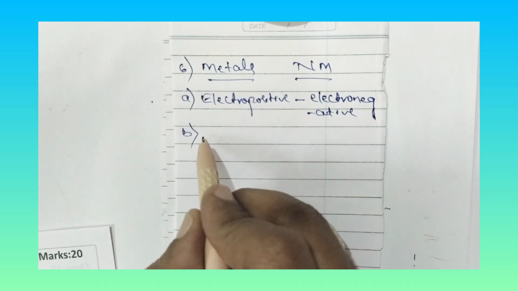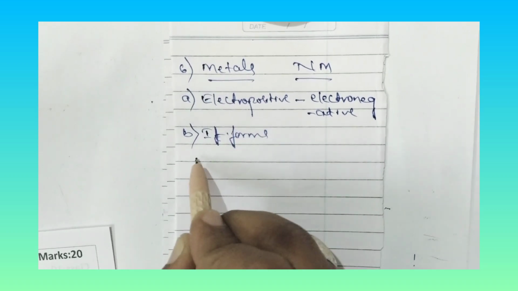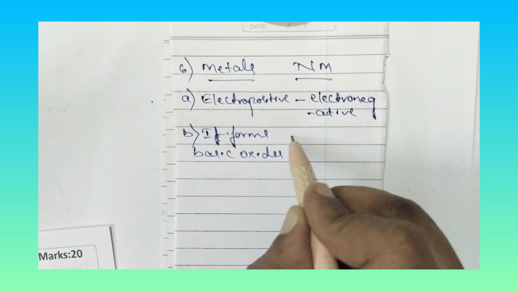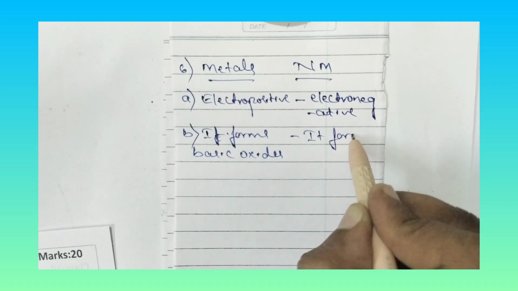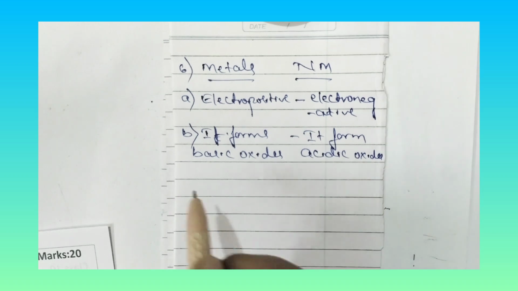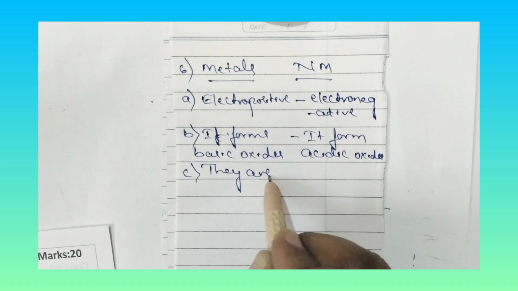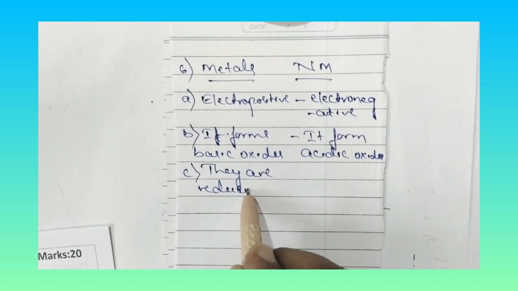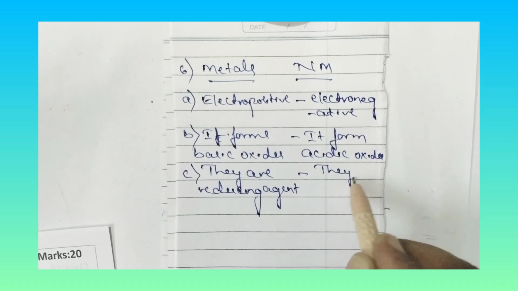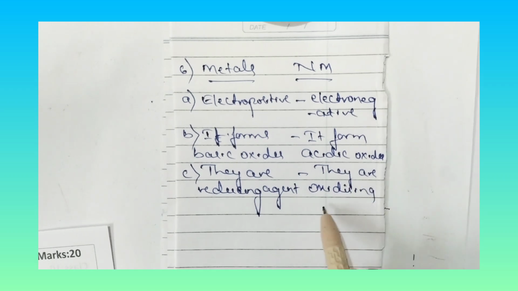Then second one, metals form basic oxides and non-metals form acidic oxides. Then the third difference is they are reducing agent. Metals are reducing agents and non-metals are oxidizing agents.